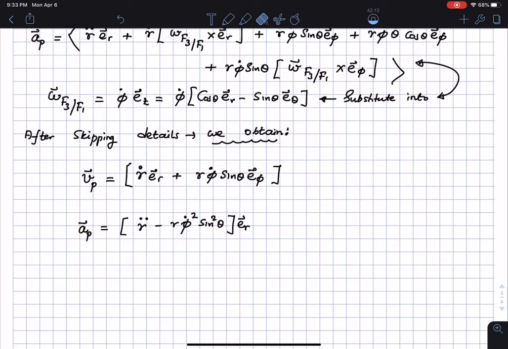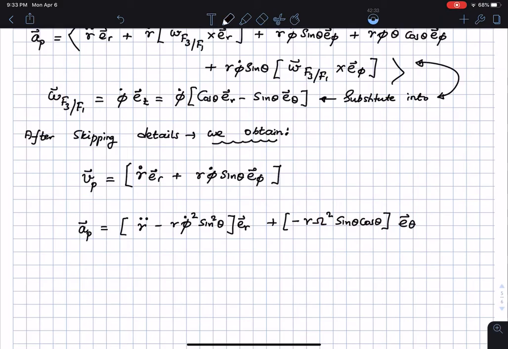Okay, then I'm going to have plus minus r omega square times a sine theta cos theta term in the e theta direction.